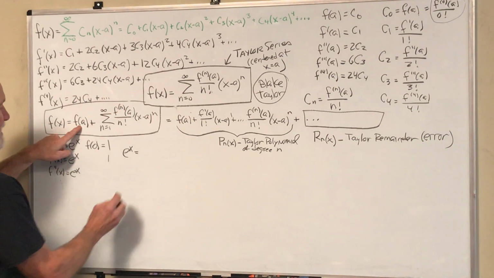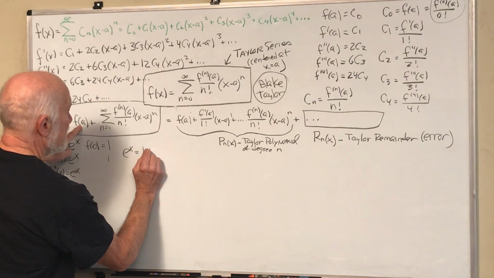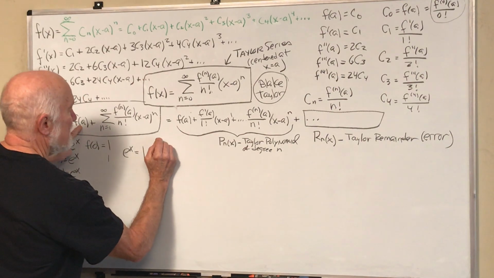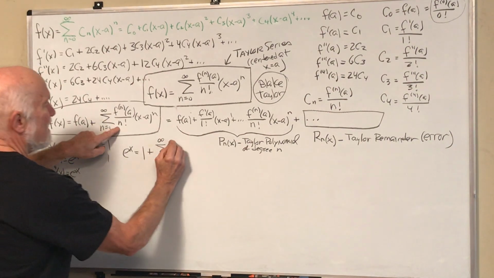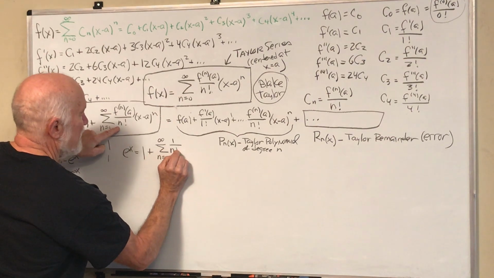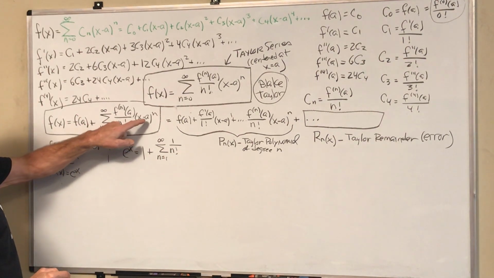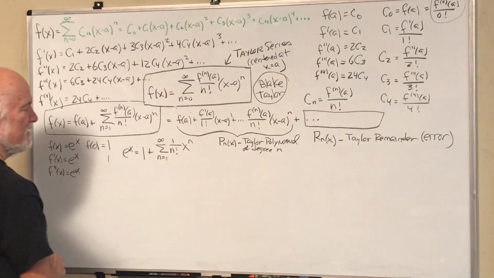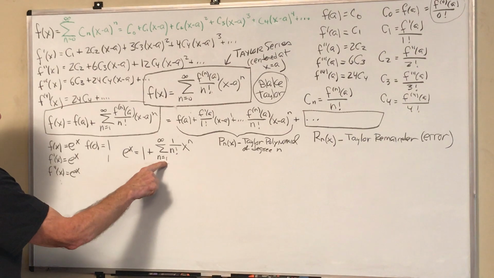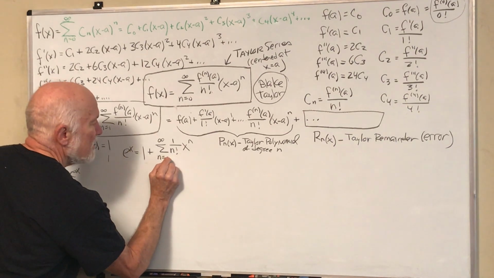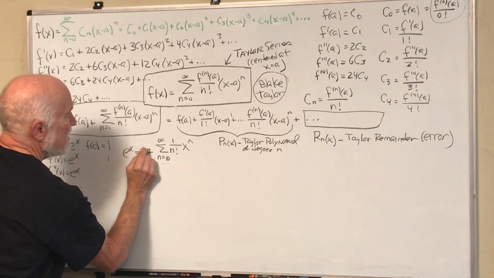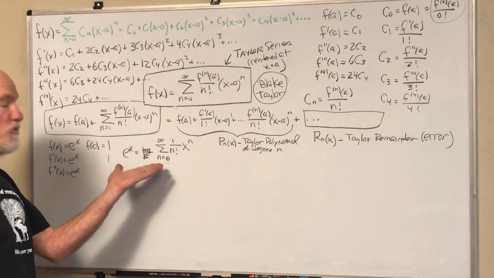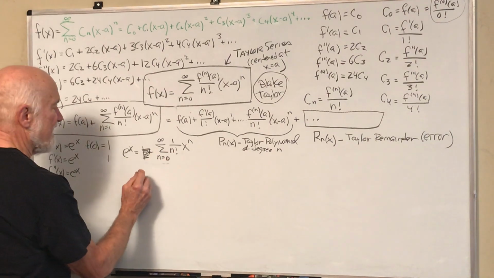So what are you going to get? You're going to get 1 plus the summation n equals 1 to infinity of 1 over n factorial times x minus 0 to the nth. And again, you could make this start from 0, and that is exactly the series that we thought turned out to be e to the x.